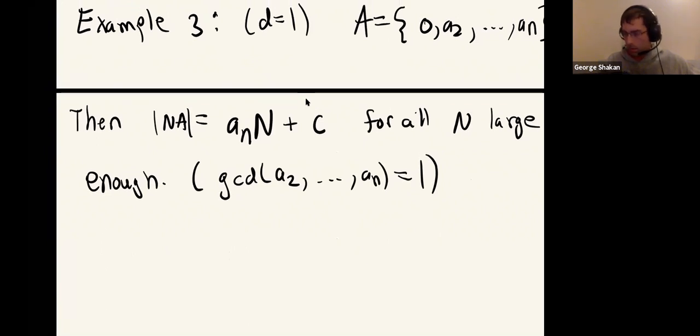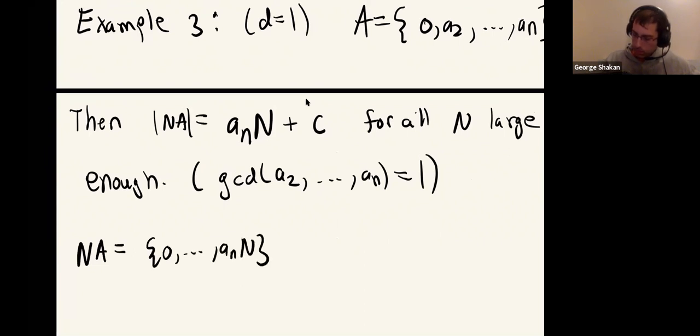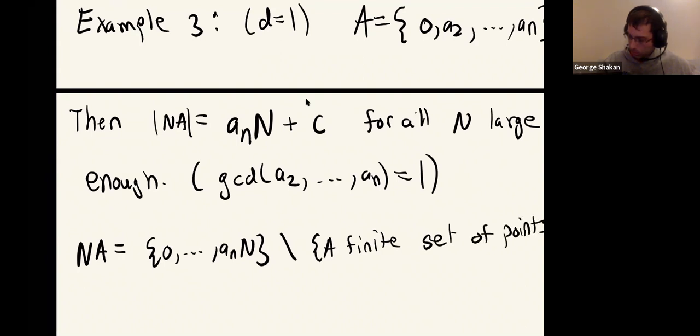So anyways, the point is that the n-fold sumset actually just looks like this.